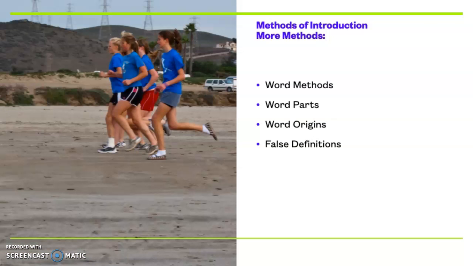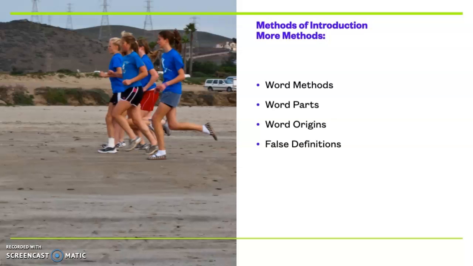More methods of introduction. Word methods, word parts, word origins, false definitions. Again, you can use any of these, for my TEAK at least. I would use false definitions: get the definition that they think they have of having an efficient cardiovascular system, take that out of their head and replace it with the correct information.